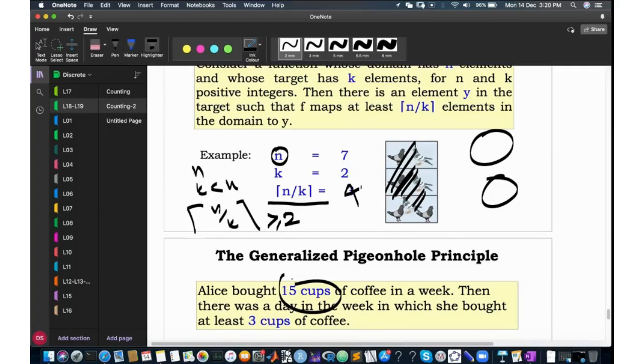So you have 15 cups and they were bought over a period of 7 days, which means that you have 7 boxes. And you need to place 15 cups there. There must exist a box which contains 3 cups because the ceiling of 15 over 7 is at least 3.